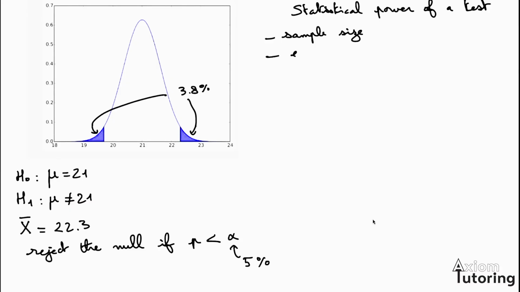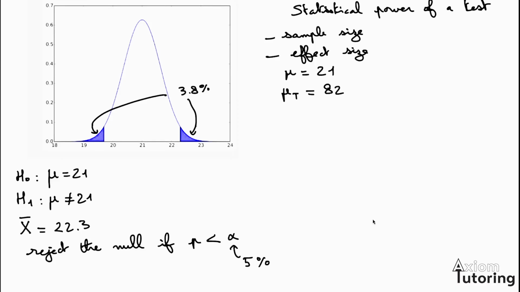The second factor is the effect size. If we have a null hypothesis that is false, let's say that we hypothesize that the mean age in our sample is 21, but the truth is that the mean age is 82.